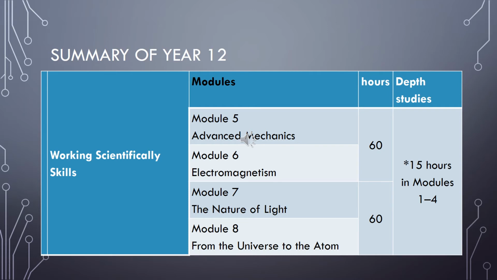Module 7 is the nature of light, where you study evidence supporting models and theories on mechanics, electricity, and magnetism. An example of this again is light and special relativity. Module 8, From the Universe to the Atom, looks at the origin of the universe and the nature and changing theories around the structure of the atom.